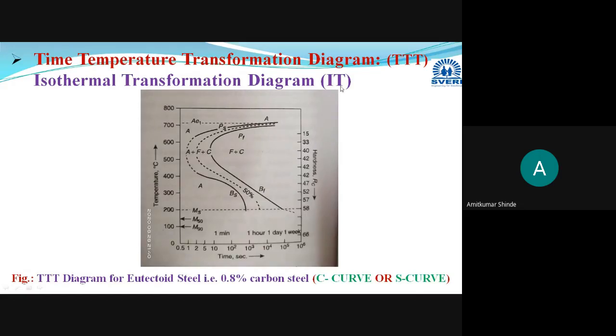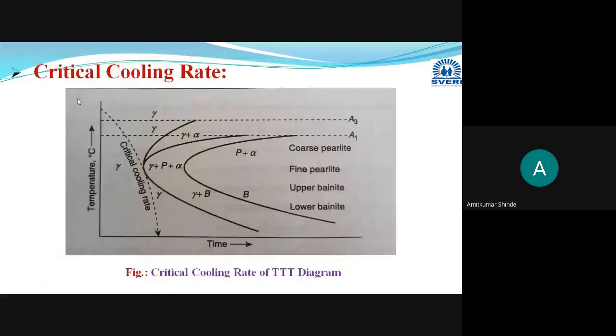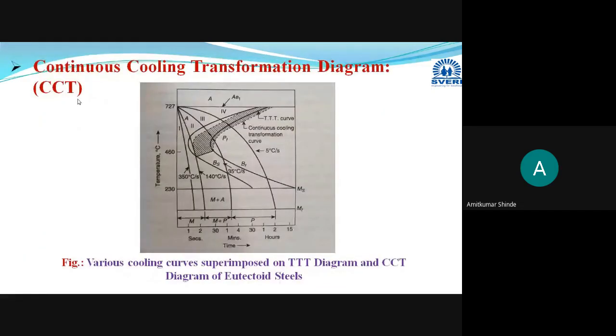It is isothermal because we keep the temperature constant and select samples one by one for cooling. In the CCT diagram, continuous cooling is there, and we randomly select one component and cool it directly in water, and air cooling occurs continuously. That's why it is termed the CCT diagram.